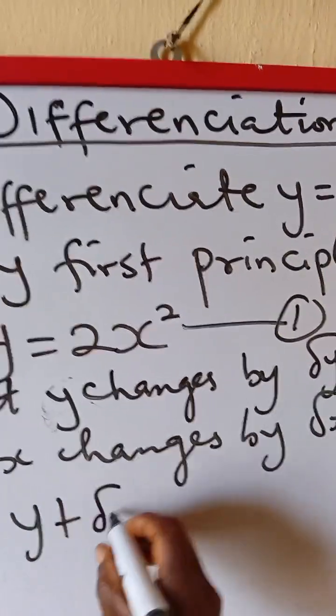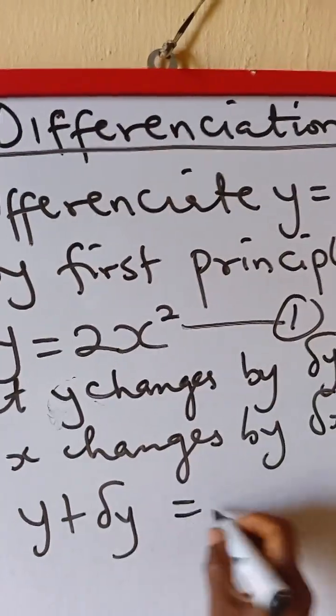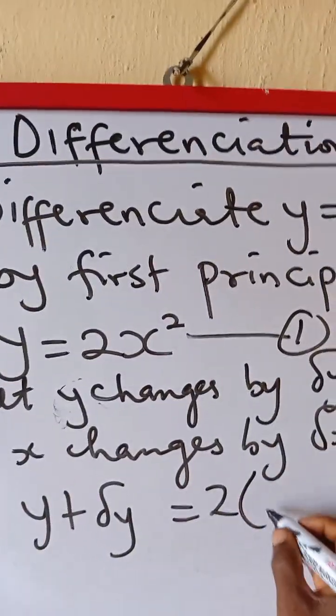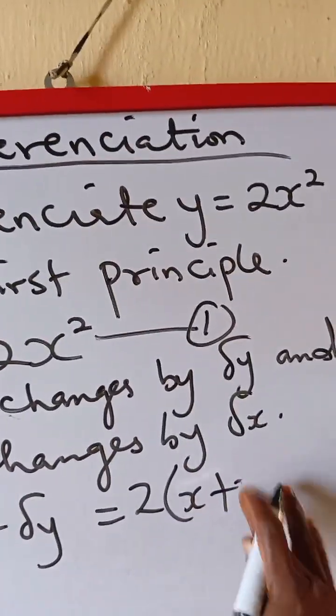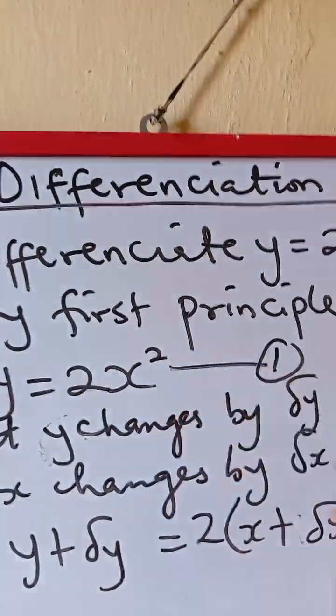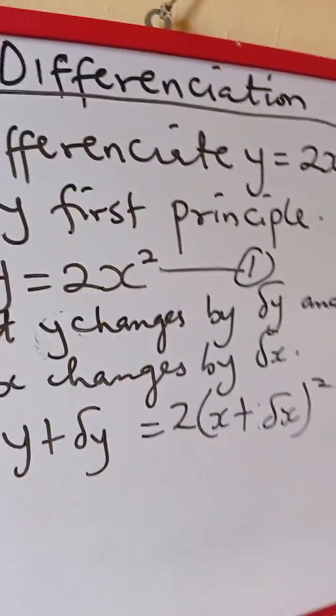So we have y plus small change in y equals 2, then x will also change by a small change in x. Since this x is carrying a square, I'll put the square here.